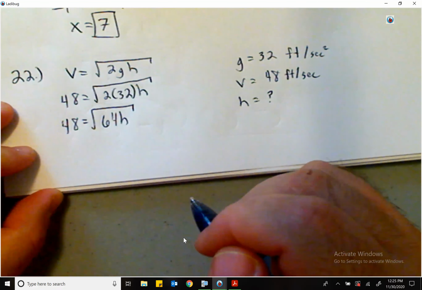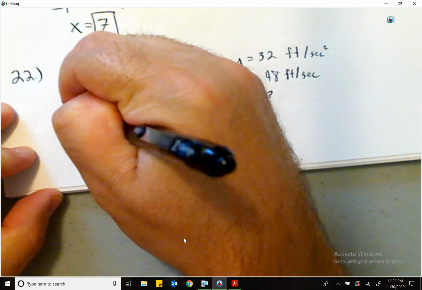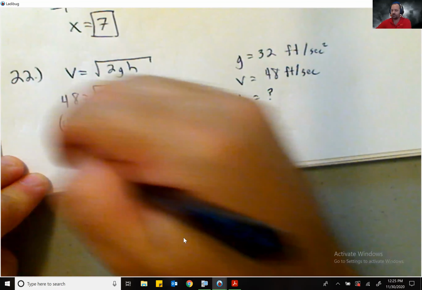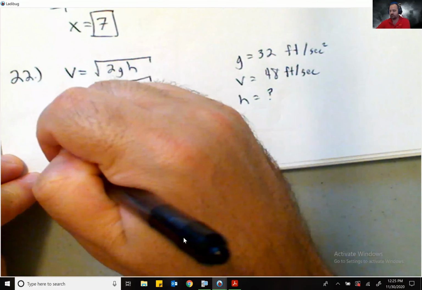Square both sides. Boom goes the dynamite. So I will tell you that 48 squared is 2,304 equal to 64h.